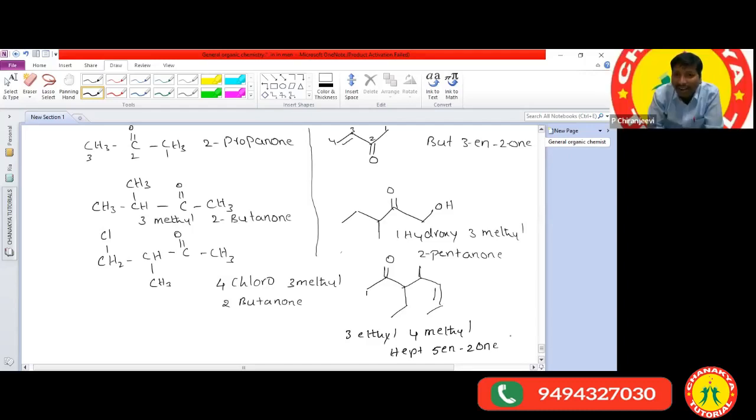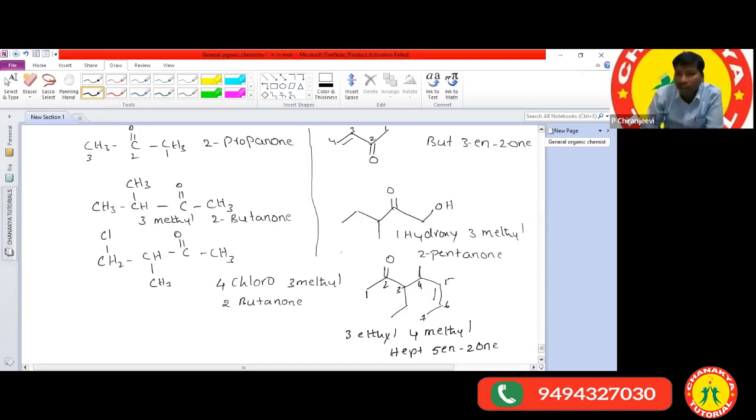Now let us see. First we have to select the longest chain. The longest chain, or parental chain, or root word, contains the maximum number of carbon atoms. If you start numbering from here, 1, 2, 3, 4, 5, in this direction we have only 5 carbon atoms. But if you take this side, 4, 5, 6, 7, we get a total of 7 carbon atoms in the parental chain.